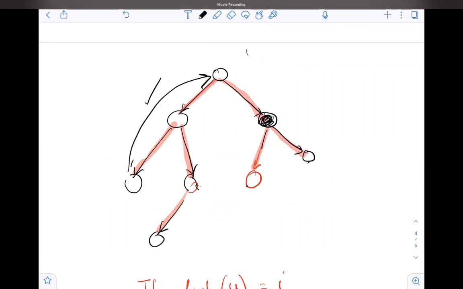Can this be an edge? That is also not allowed. When I am dealing with this vertex, I would have put this vertex as this child, not as this child.